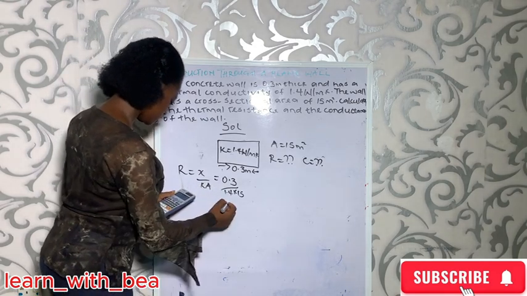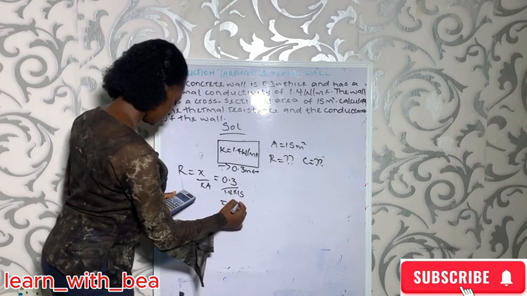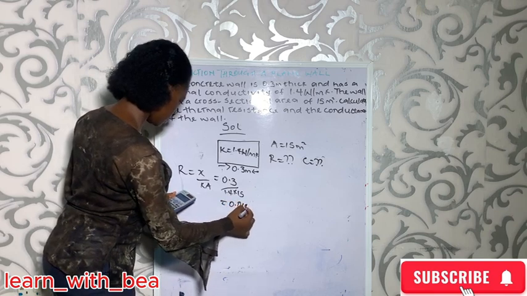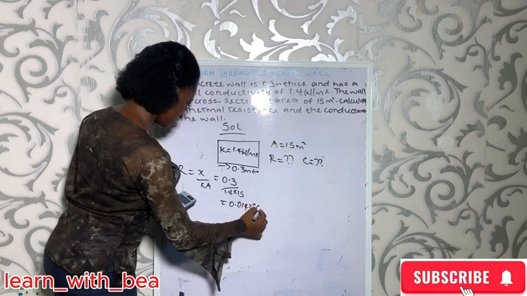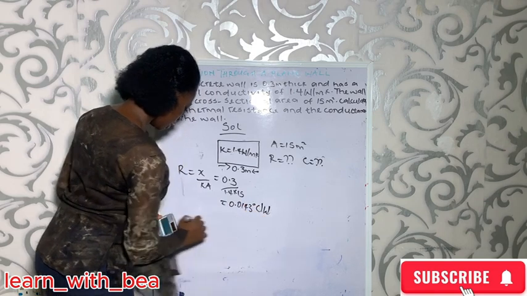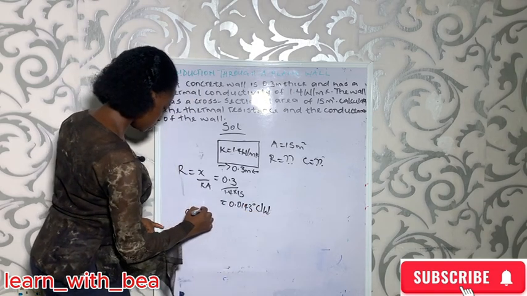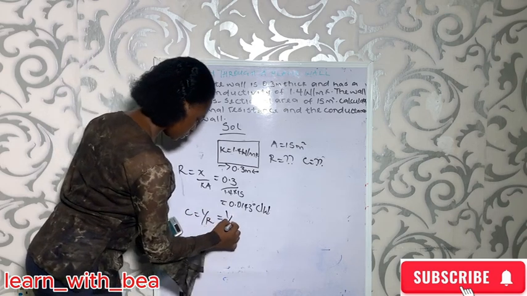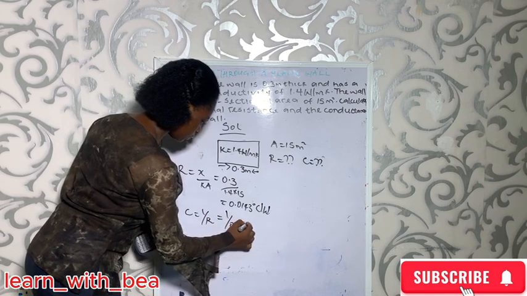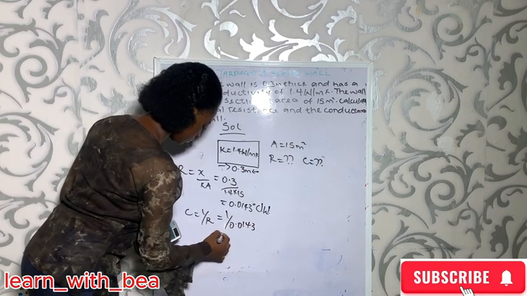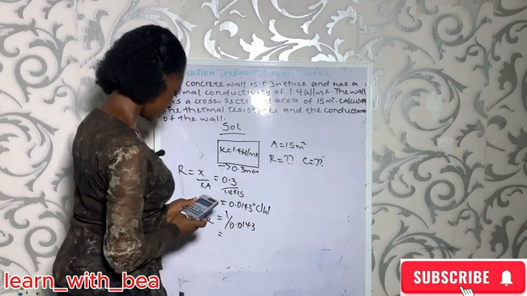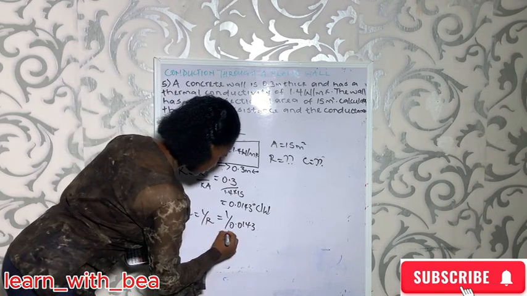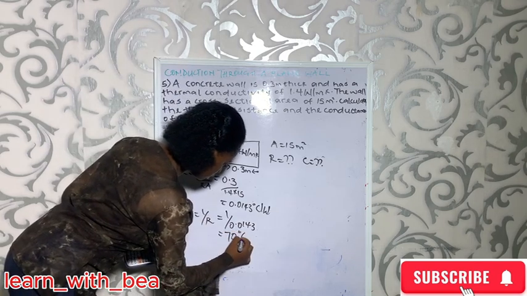So we have 0.0143 degrees C per watt, and our conductance is 1 over R, which is equal to 1 divided by 0.0143. That gives 70.